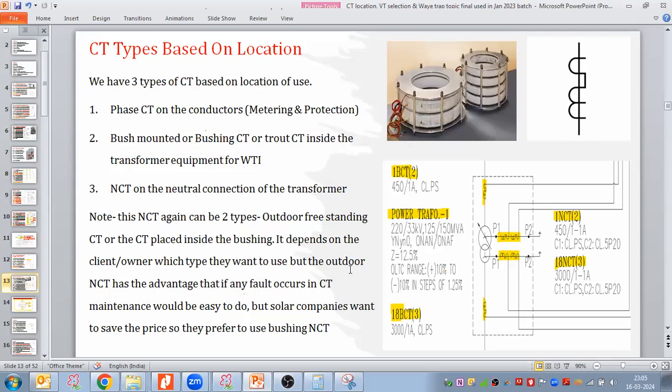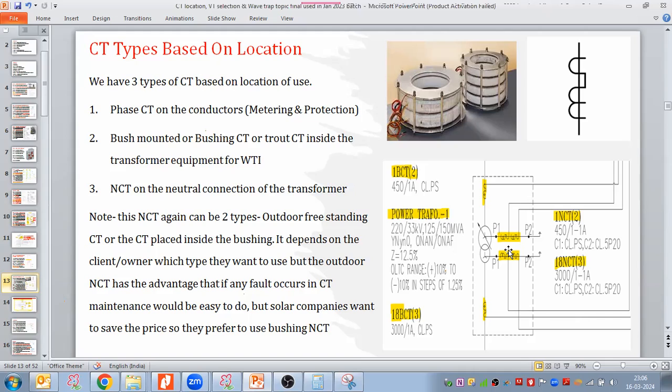But the outdoor NCT has the advantage that if any fault occurs in the CT, maintenance is easy to do. But solar companies want to save on price, so most of the time they prefer to use the bushing CT.